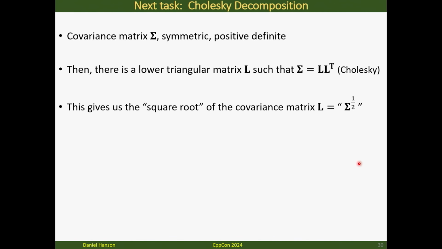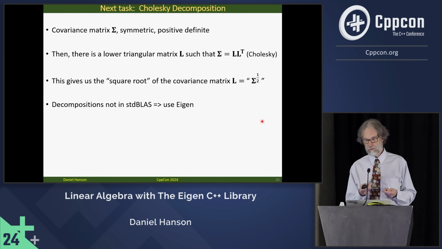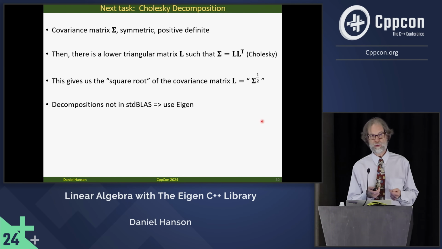So there are no decompositions in stdBLAS, so we'll use Eigen. Now, the key to going from one space to the other is this object called an Eigen Map, which is a view.